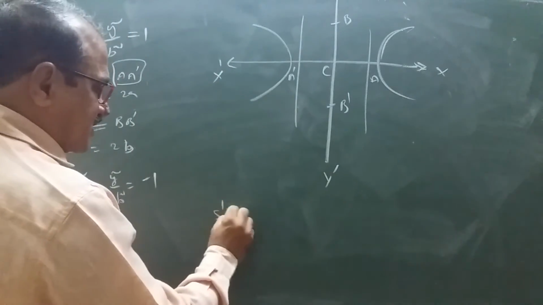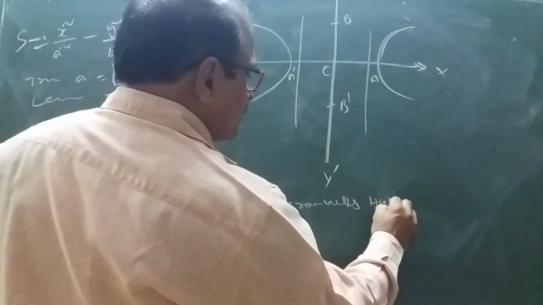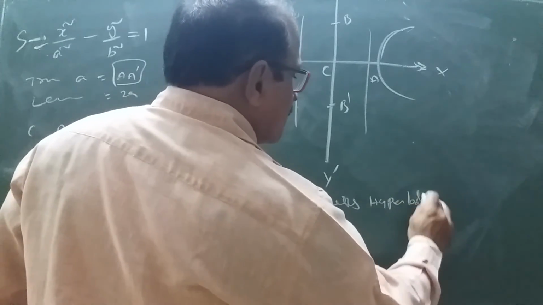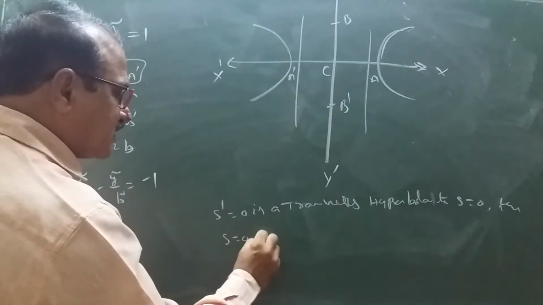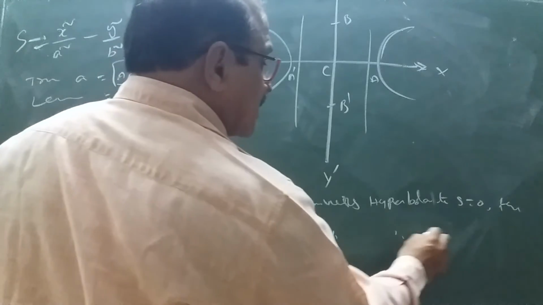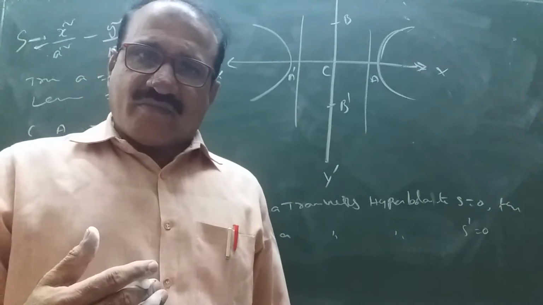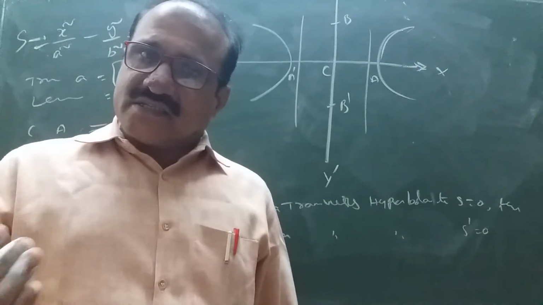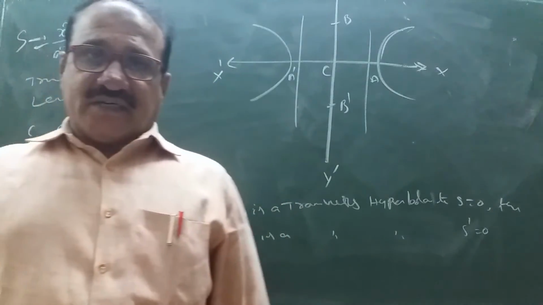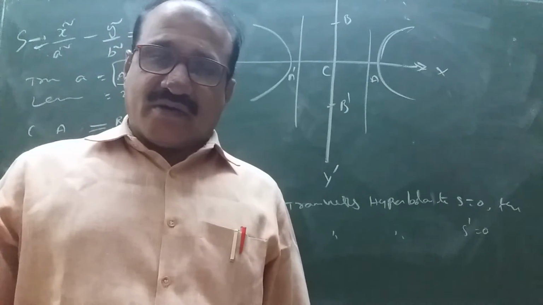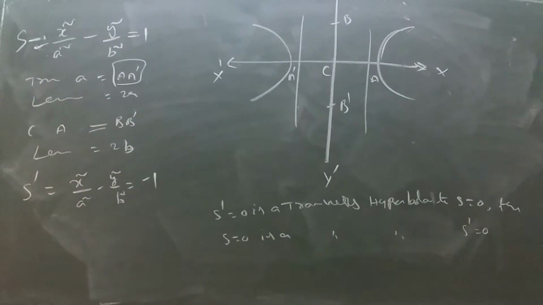If S dash is equal to 0 is the conjugate hyperbola to S is equal to 0, then S is equal to 0 is the conjugate hyperbola to S dash is equal to 0. Those two are vice versa.